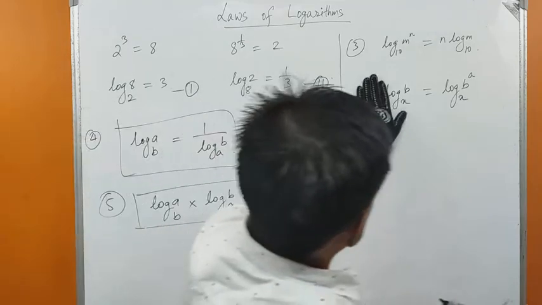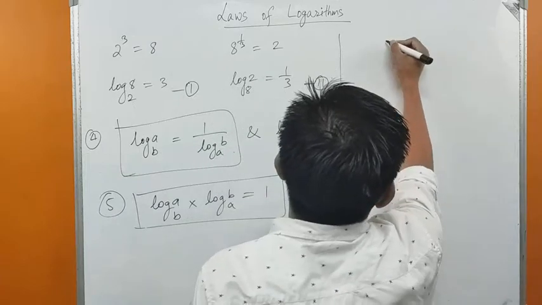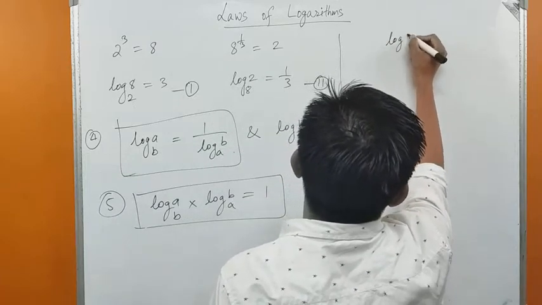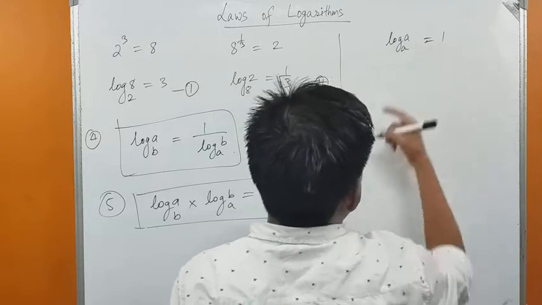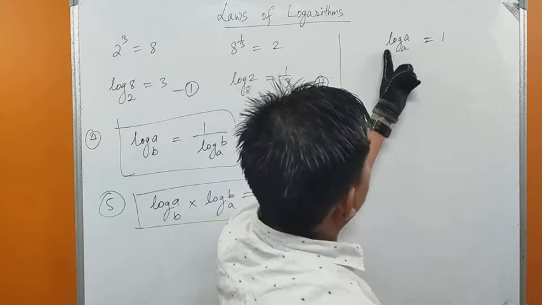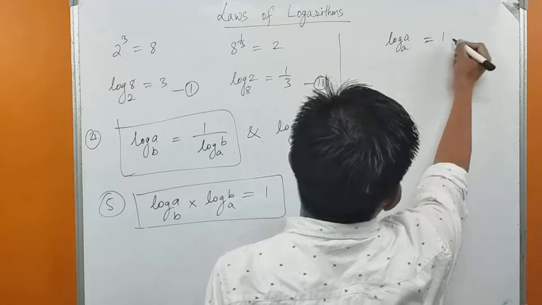Suppose we have log a to the base a equals 1, isn't it? Log a to the base a equals 1. We know this. This is equation 1.